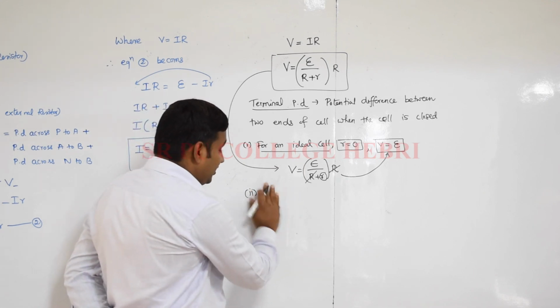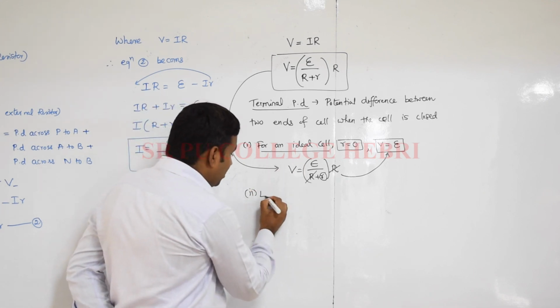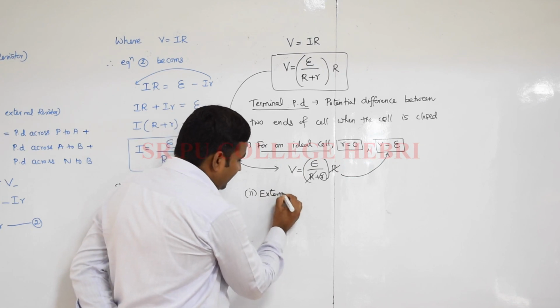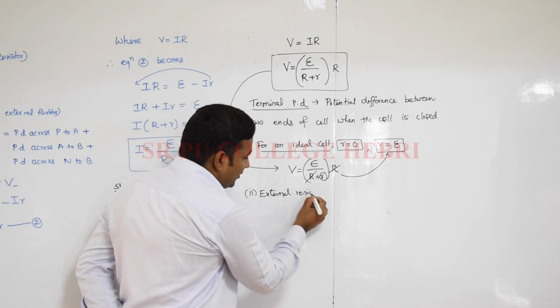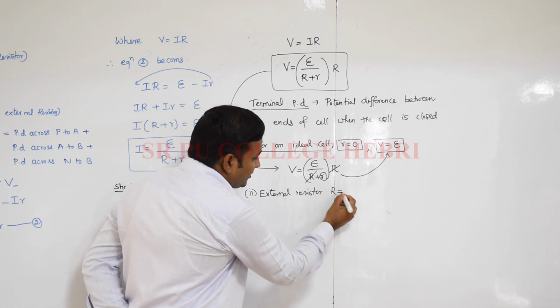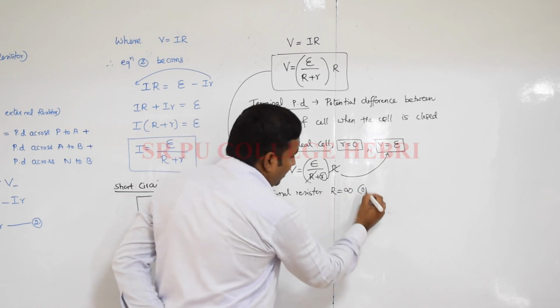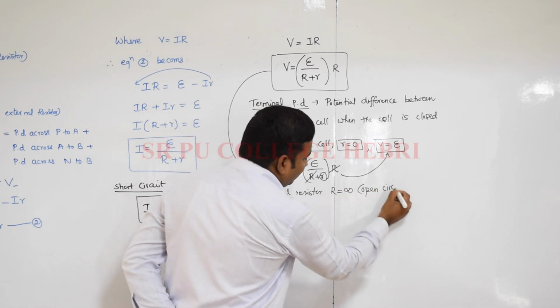And the second important result: if I consider the external resistor R equal to infinity, we call it an open circuit.